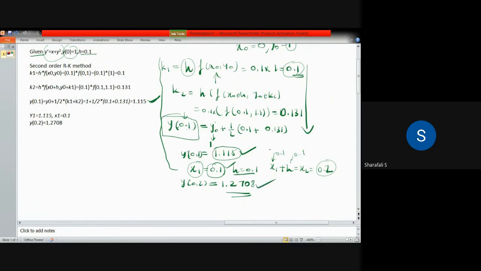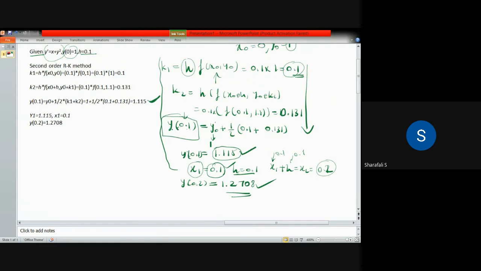The same method you can follow in the case of the fourth order Runge-Kutta method. There you have to do some more steps. That's the only difference, and it depends on the h value and the value where you have to find out the y.